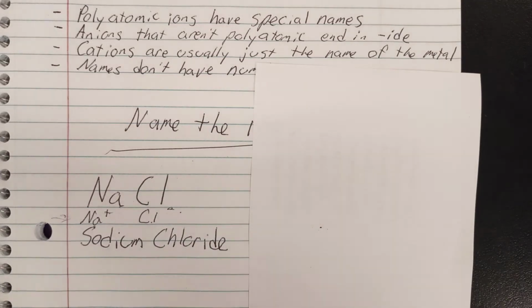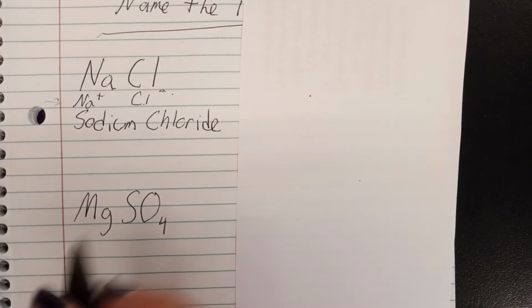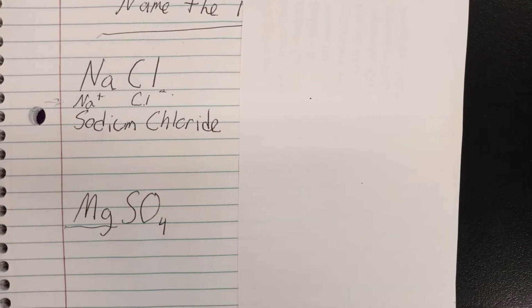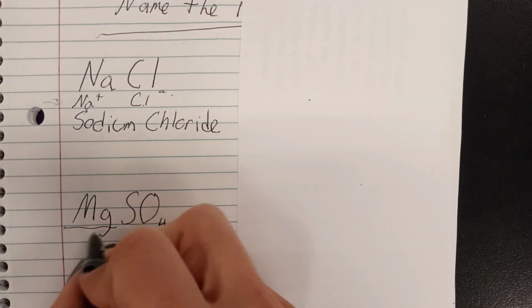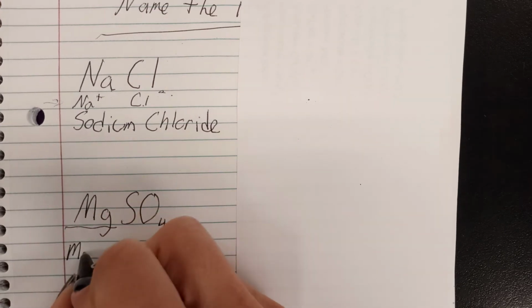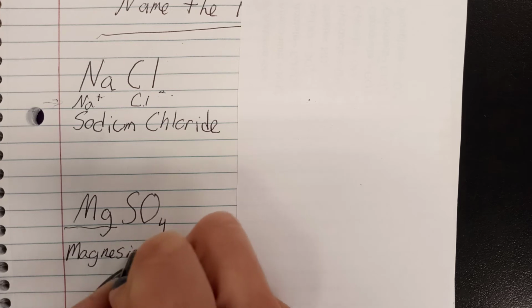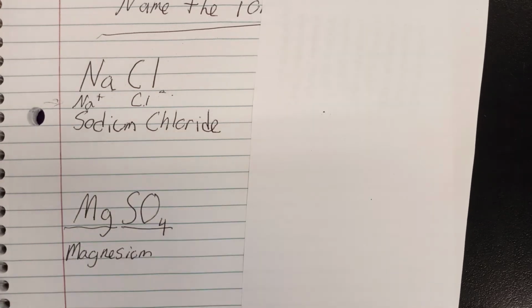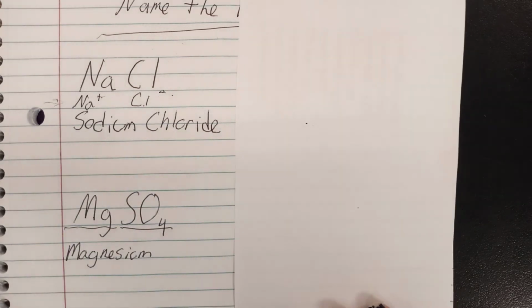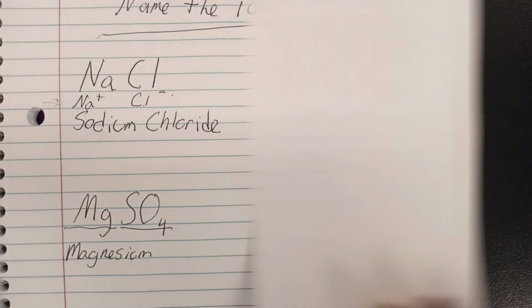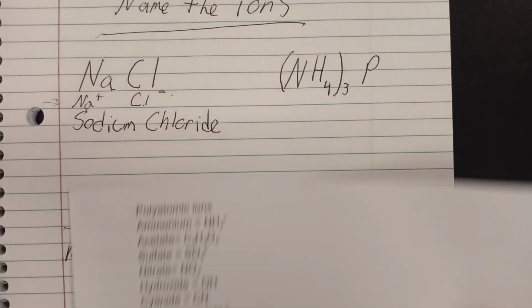Similarly, if I look at this MgSO4, same thing. The first thing is always the cation. So this Mg here is my cation. I name my metal. That's magnesium. This SO4, I can see 2 capital letters there. And since there's 2 capital letters, I know it has to come off my list.